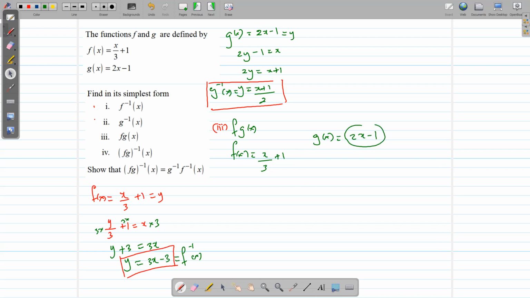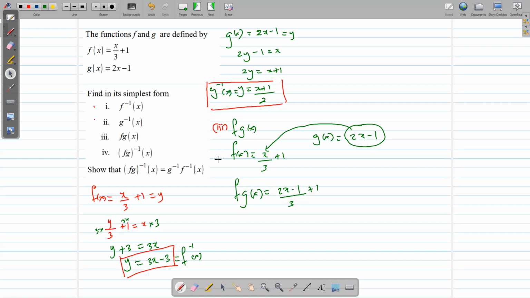So we're going to substitute this here. F of g of x is going to be equal to 2x minus 1 over 3 plus 1.